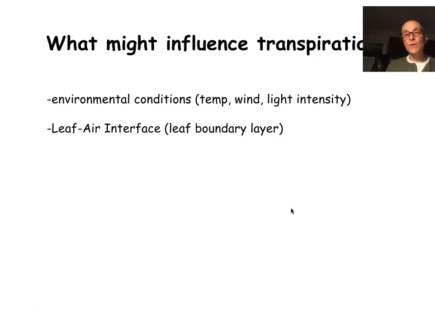We'll get back to that when we talk about photosynthesis and why and how the plant regulates its stomatal opening. But those are environmental conditions that can change and that can affect transpiration. And then we have the leaf-air interface. That's called the leaf boundary layer. We'll take a look at that a little more closely here. That can also affect how much water can transpire out of the leaves.